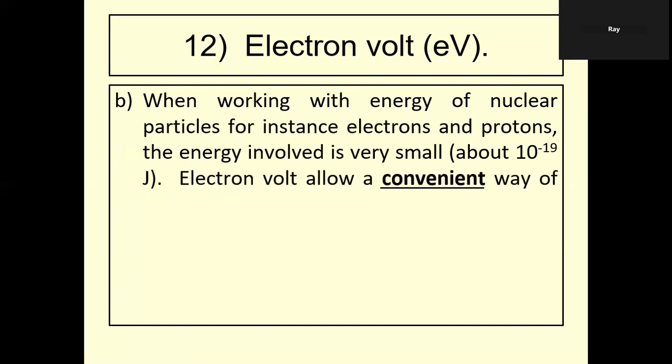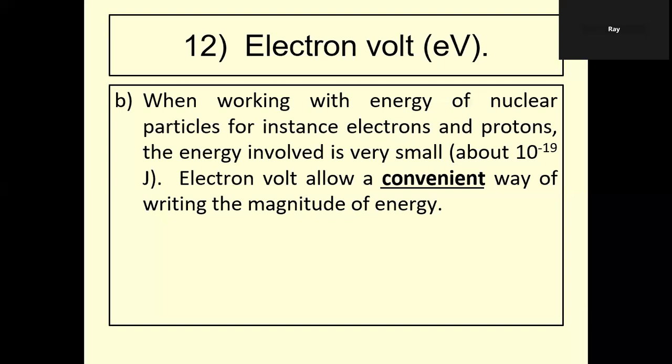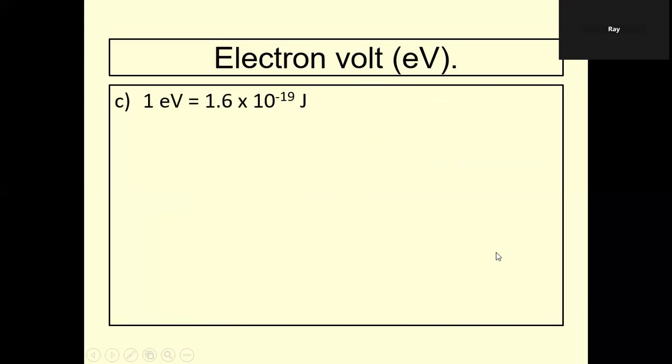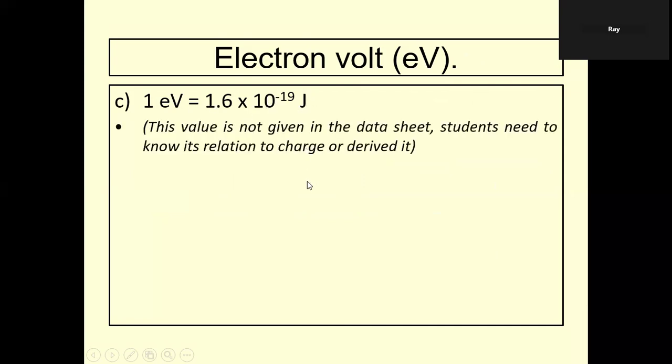So electron volt allows us a convenient way of writing the magnitude of energy, rather than always 10 to the power minus 19. One electron volt is 1.6 times 10 to the power minus 19 joule. Memorize it. The value is same as the electron charge, but it's in joule. It's not given in the data sheet.